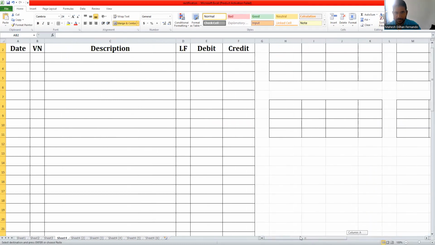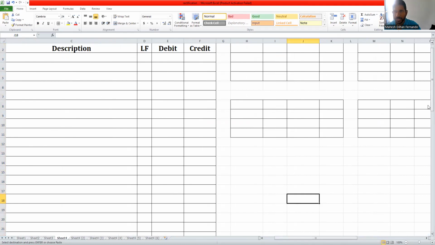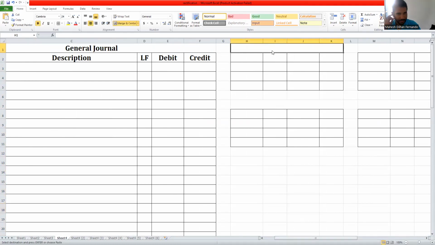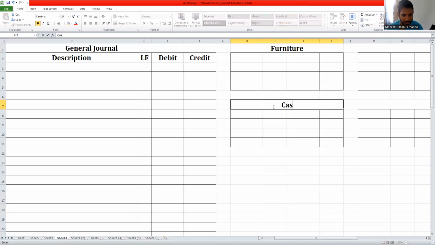Now look at this, this is what we have done. The error we have made is that a purchase of furniture valued 50,000 was recorded as 5,000 in the books. Now think, to record the purchase of furniture, what are the two accounts we have to use? The furniture account and cash.